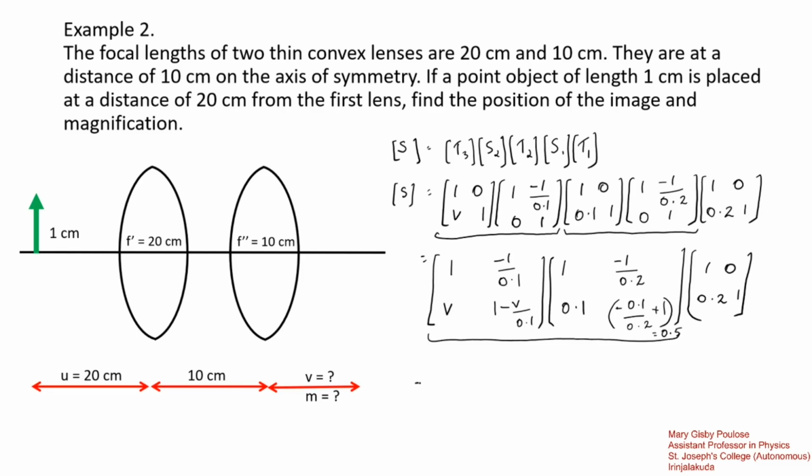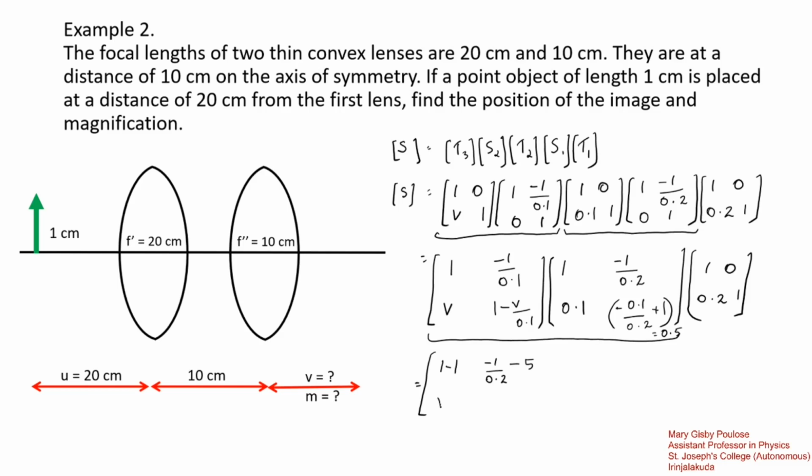Taking the product of these two terms, we get the matrix 1 minus 1. Then we get minus 1 by 0.2, 0.5 by 0.1, that is 5, so minus 5.